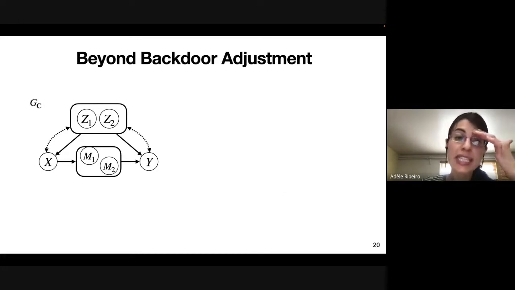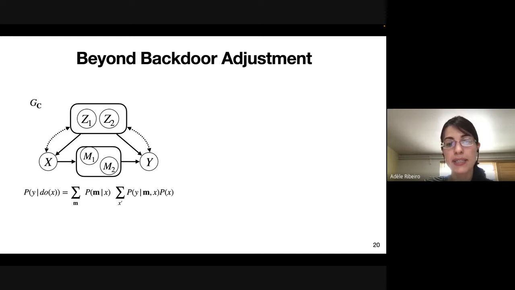If you understand a little bit more about causal identification, the machinery developed in this work allows us to identify the effect beyond the backdoor adjustment. The backdoor adjustment is the one that I just showed you, but this works for any causal diagram that you can draw using clusters. So this is a case called front door adjustment, and this is the expression.